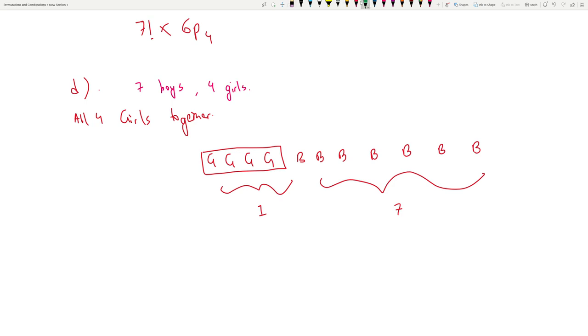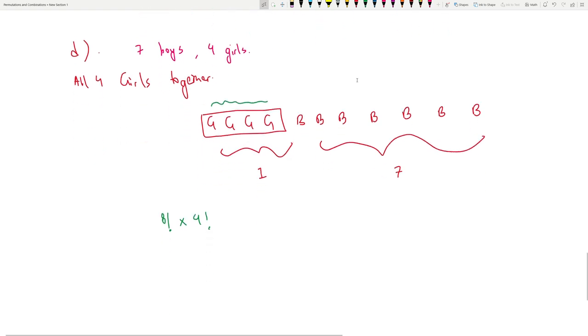So basically, we have 8 units, so it's going to be 8 factorial for the 8 units. But the girls can also interchange in between them, so we are going to have a 4 factorial over here. So does that make sense? You can apply this technique everywhere, trust me. Just remember this technique and it will help you guys. I will show you more examples.